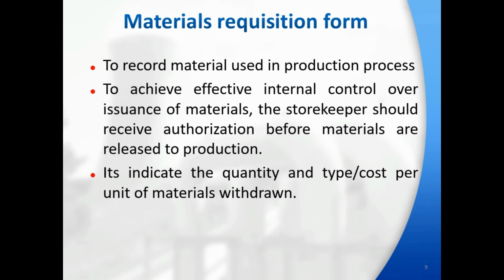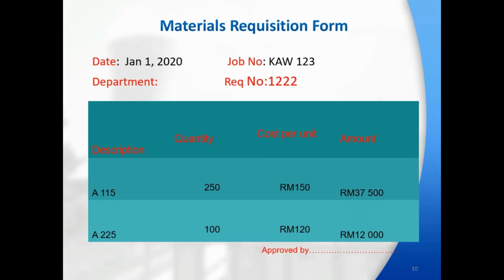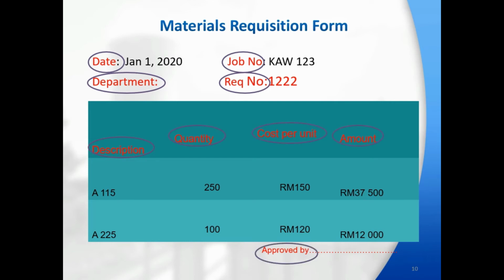It indicates the quantity and type and cost per unit of material withdrawn. It is the source document for posting requisitioned direct material from the material inventory account to work in process inventory. This is an example of a material requisition form. It consists of date, job number, department, requisition number, material description, quantity used, cost per unit, amount, and approved by.